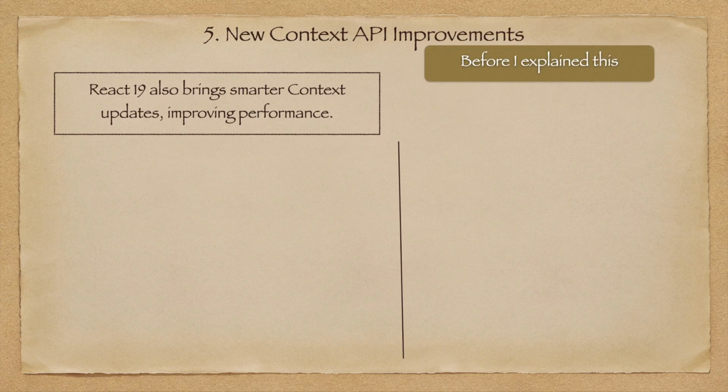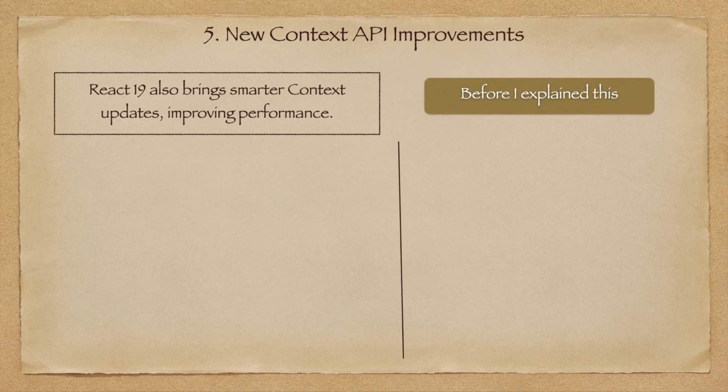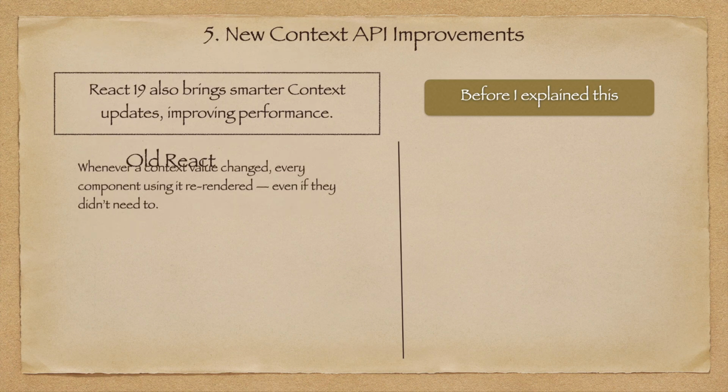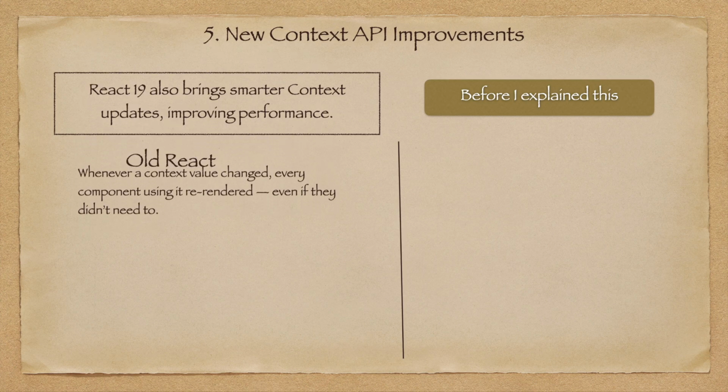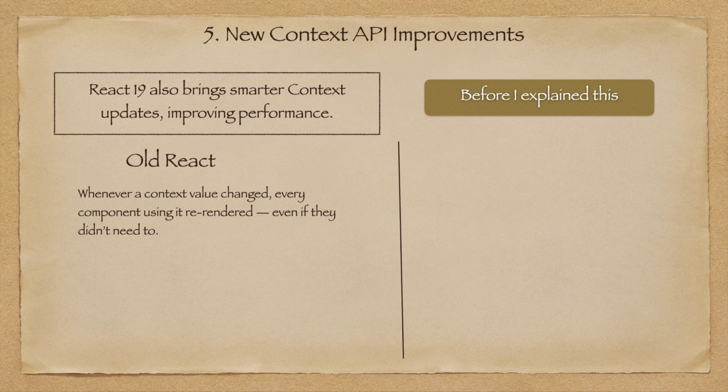React 19 also brings smarter context updates, improving performance. Before, whenever a context value changed, every component using it re-rendered, even if they didn't need to. Now, React 19 optimizes this. Only components that actually depend on the updated value will re-render.